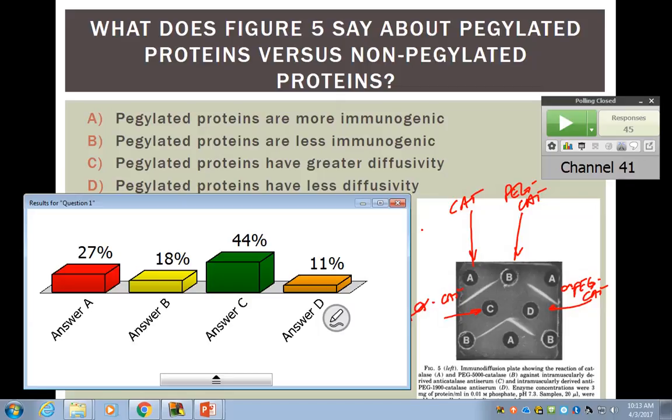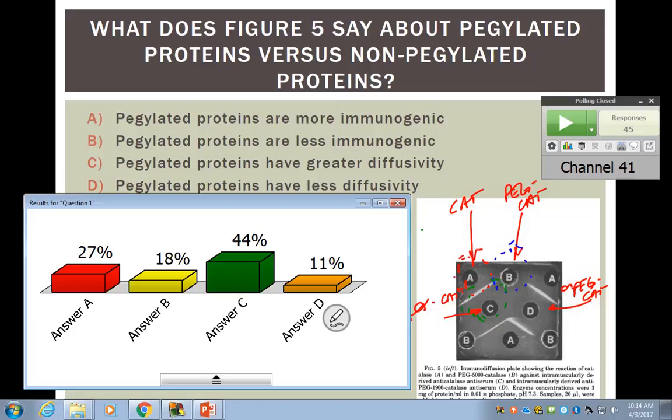So if you've got A diffusing, let me draw on this slide. You've got A diffusing in a concentric circle, and you've got B diffusing in concentric circles. You've also got C diffusing in concentric circles. So all of these should have an equal opportunity to meet, but the only point in this data where we see antigen-antibody recognition is implied by where the diffusion front of A meets the diffusion front of C, right?